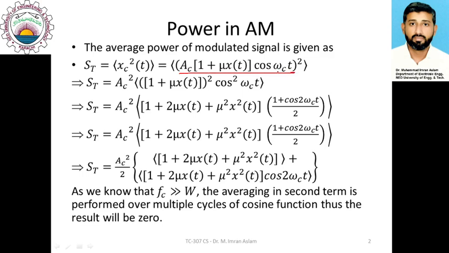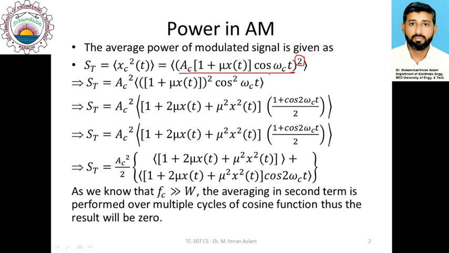This is the mathematical form of the AM modulated signal as we discussed in our last lecture, and square is because we are calculating power. So if we calculate average of this entire thing, we will be getting the average power that will be required for the AM transmission.